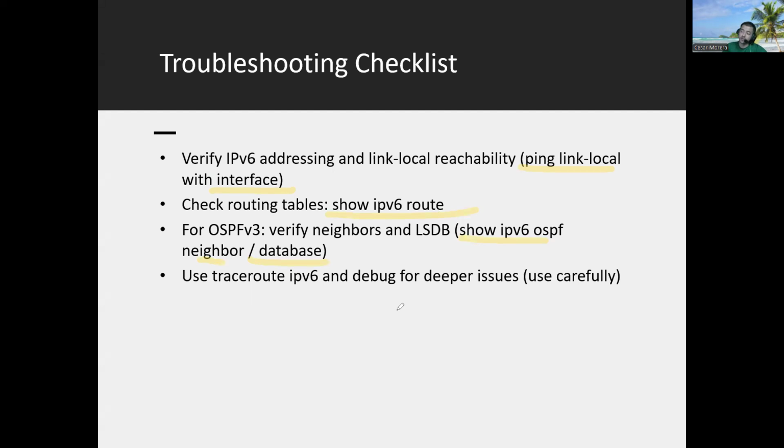And finally, use traceroute IPv6 and do some debugging for deeper troubleshooting issues. This should probably be done outside business hours, in a maintenance window, so as not to affect production. Those are some of the best recommendations for you to follow along. Okay, next.